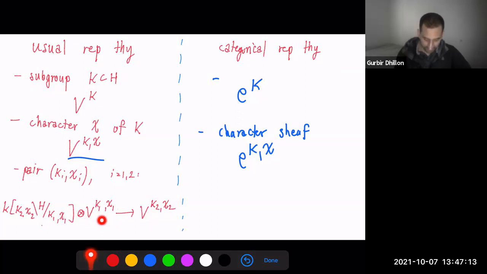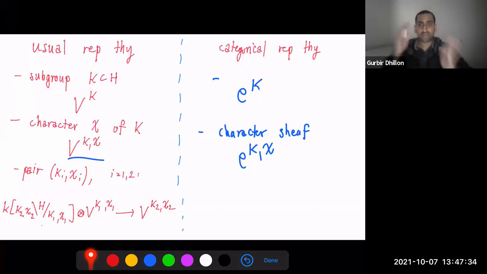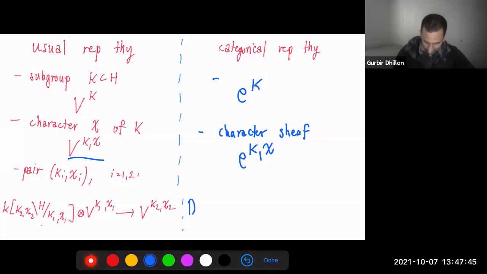Namely, if you want to go from the K1 invariants to the K2 invariants, you can just multiply by things in the group algebra that are K2 invariant on the other side, and you land in the K2 invariants. Then there'll be some redundancy in the convolution on the other side, so you can mod out by K1 to accommodate. But the whole point is that you can pass between invariants for different subgroups by convolving with functions on a double coset. And the analogous thing here is that you can write down the exact same formula, but now it's some convolution algebra of D-modules instead of functions.